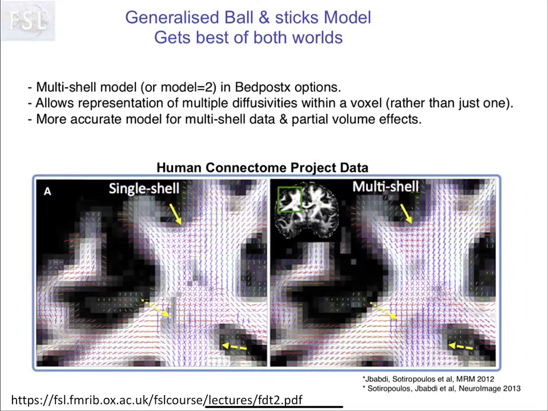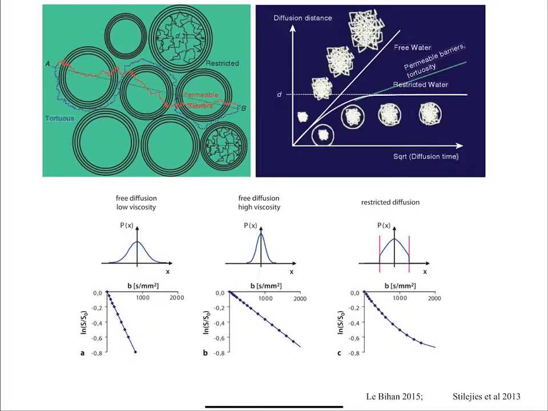And then finally, bedpost can do multi-shell, and one other thing it does now is it takes into account the fact that diffusion depends on B value, which we haven't really talked about before. Okay, so previously all we've talked about is that the signal is proportional to e to the minus b times the diffusion factor.